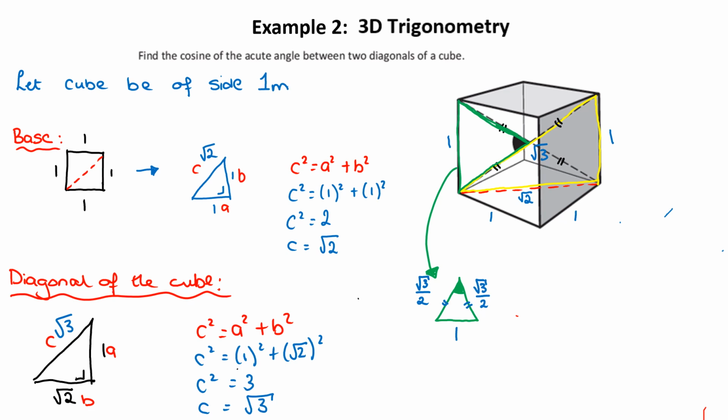So we're actually going to use our cosine rule. So our cosine rule means that this is the angle we want.